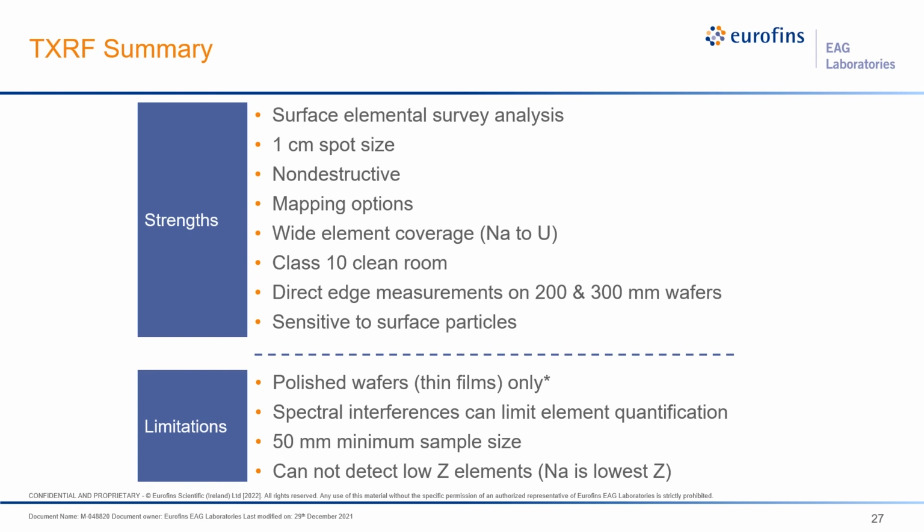And unfortunately, our minimum size is 50 millimeters. But it could be a 50 millimeter coupon. It doesn't necessarily have to be a 50 millimeter round wafer. And finally, while we can detect some lower Z elements now, particularly sodium, magnesium, and aluminum, we can't detect anything lower than sodium at this point.